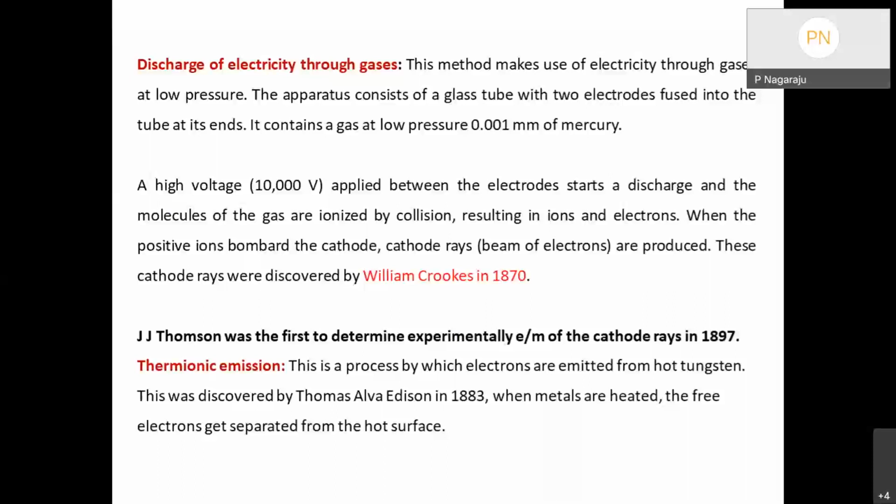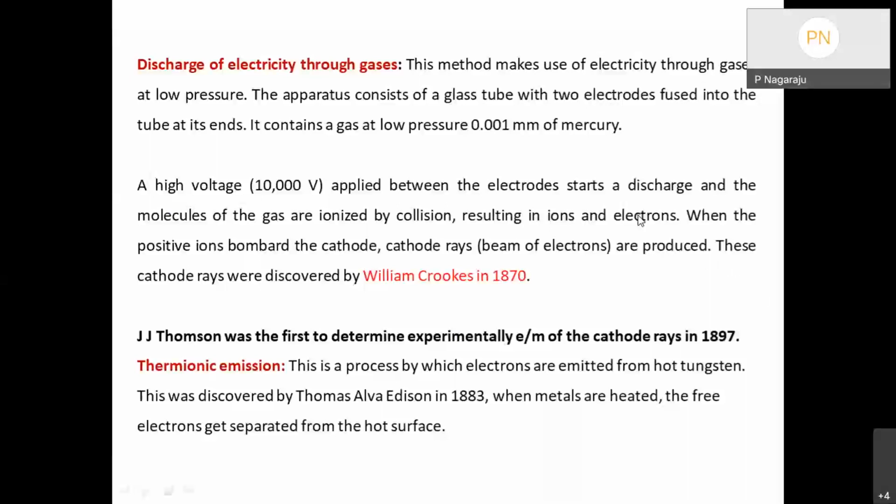It contains a gas at low pressure of the order of 0.001 millimeter of mercury. A high voltage of the order of 10,000 volt is applied between the electrodes and the discharge starts. The molecules of the gas are ionized by collision, resulting in ions and electrons.